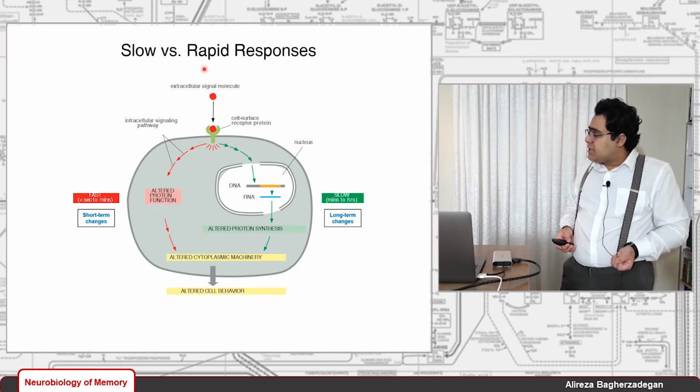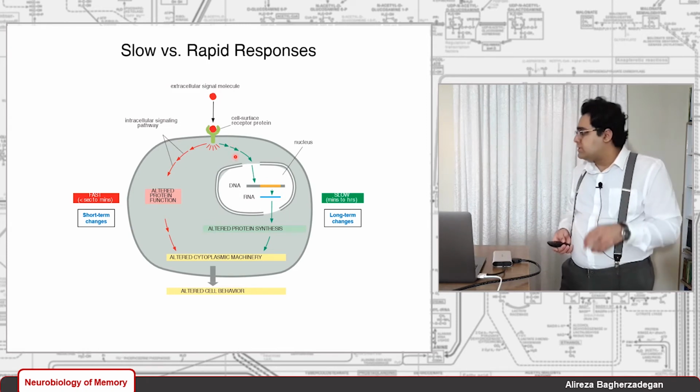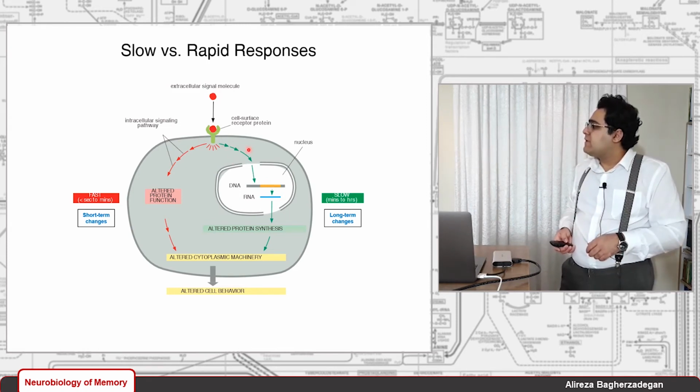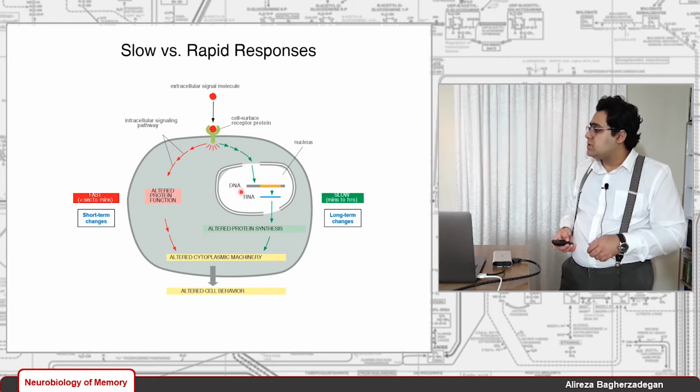Let's see, what do we mean by a slow response? So again, imagine we have another extracellular signaling protein received by a receptor. But here, it activates some transducers or transduction proteins. They get into the nucleus. They should activate some transcription factors. So first they have to get into the nucleus.